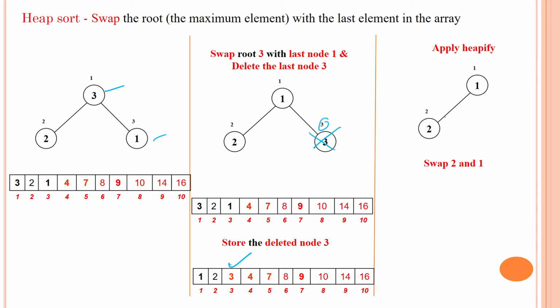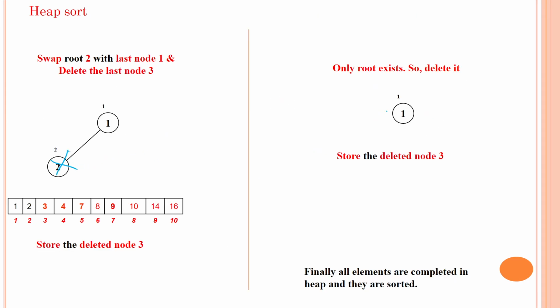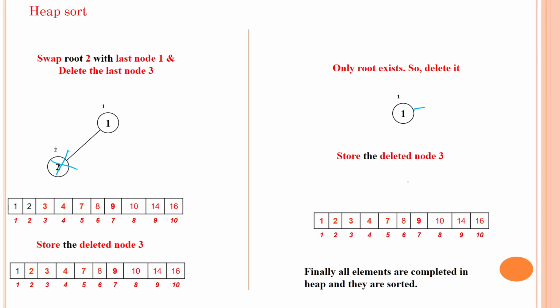Then we have the 1 and 2, again apply the heapify process. 2 will become the parent and 1 will become the child. So it will be swapped again. After swapping this will be deleted. So now we have only one node. Finally this will be stored in the index. So finally we have arranged the data in ascending order.